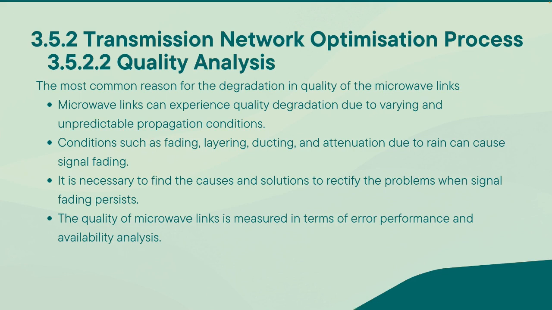The condition means a condition that we can predict will happen and make our network quality go down. The conditions are such as fading, layering, ducting, and attenuation. With rain, when it is raining, the signal is faded, and it is necessary to find the cause and solve the problem. When the signal is faded, the line quality must be checked in terms of errors, performance, and availability analysis.